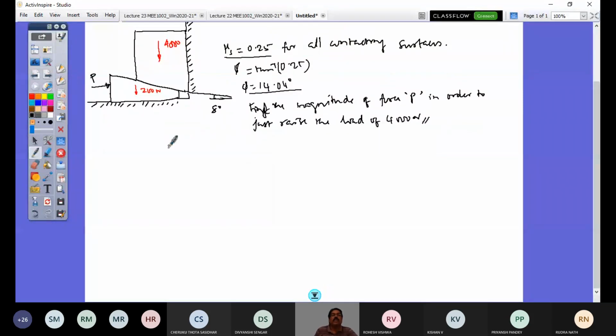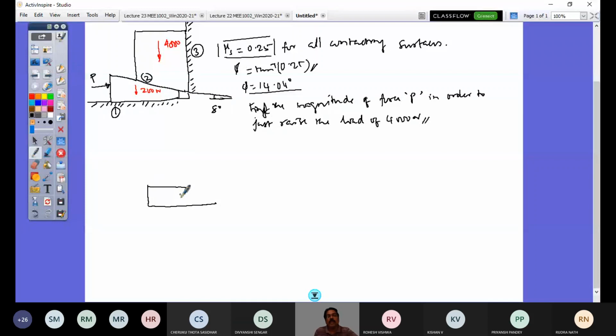One on the horizontal floor, the wedge and load contacting surface, that's 2, and then the load is against the vertical wall, that is 3. These all 3 surfaces have the same mu value that's given in the problem. If you understood that, now let us draw an individual free body diagram first for the wedge.